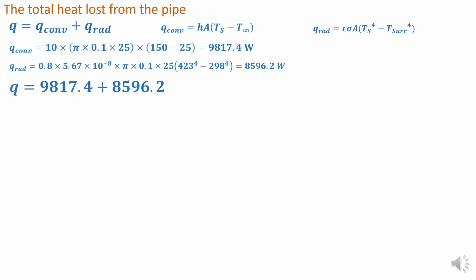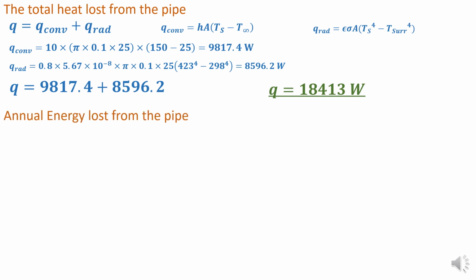Overall heat loss will be the sum of convection and radiation heat loss, and it comes out to be 18,413 watts. Now we have to calculate the annual energy lost from the pipe. Total energy lost from the pipe in a year will be Q into 3600 seconds per hour into 24 hours per day into 365 days per year.